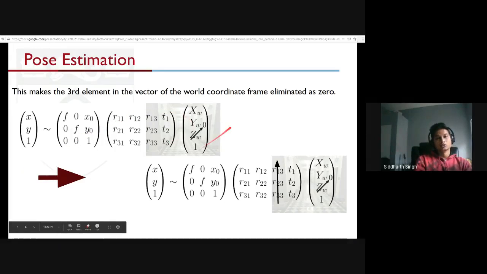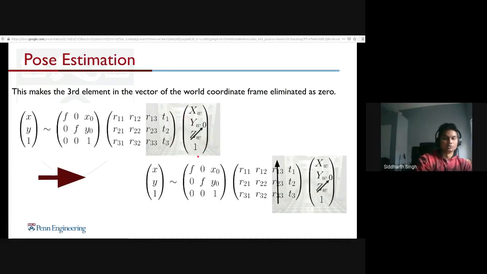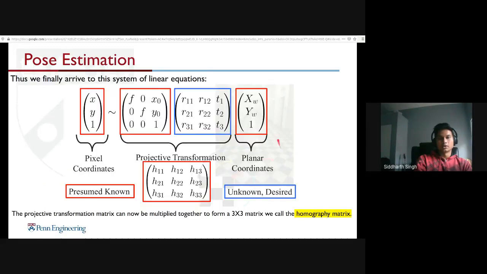Okay, so we have made z zero, and that also allows us to make this row null, because it will all get multiplied with zeros and there'll be nothing there. So I'm going to make this row vanish, and I'm going to make this column zero and vanish it. What that leads us to is this matrix, with the same x and y coordinates on the image plane, and we only have x, y, and x_w and y_w.